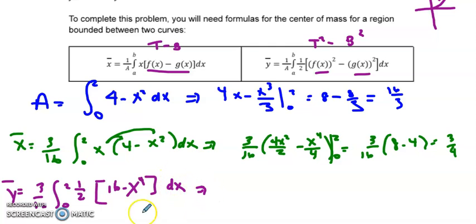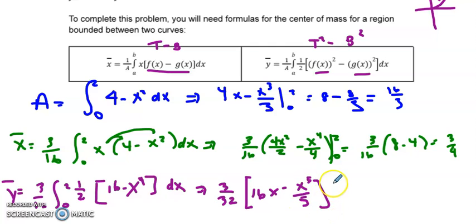dx. So now, if I clean this up, pulling out the 1/2 in front, I get 3/32. Then when I integrate, 16 goes to 16x, x to the 4th goes to x to the 5th over 5, and then I'm going from 0 to 2.